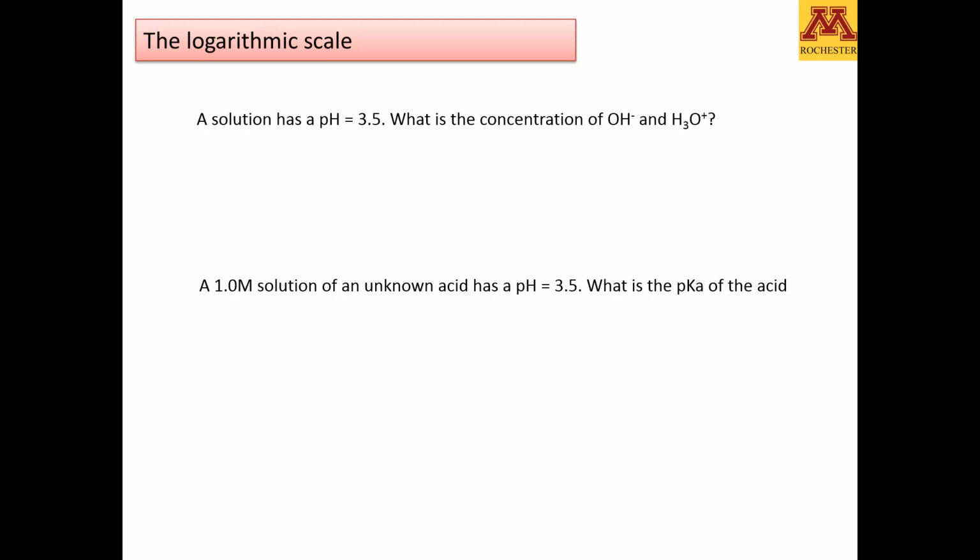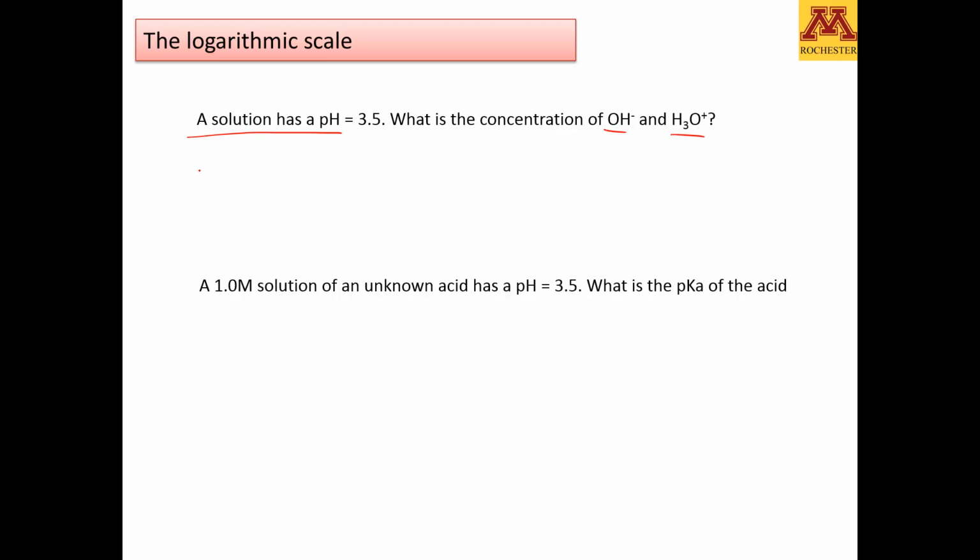Okay, so let's see if we can solve problems with the additional layer that now we're going to talk about pH and pOH and pK instead of their corresponding very tiny numbers. It's saying that you have a solution of pH 3.5, and it's asking for the concentration of OH- and H3O+.